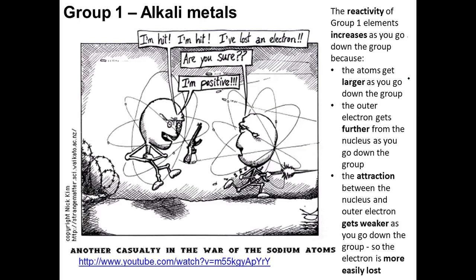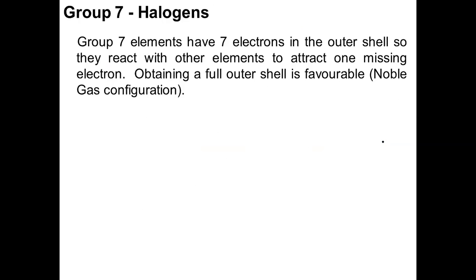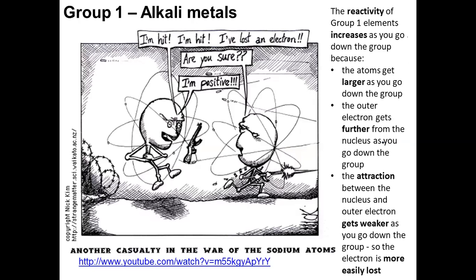The attraction between the nucleus and outer electron gets weaker as a consequence of that increase in size. So the electron is more easily lost, right? You could explain that in the same way with ionization energy in A level, but in GCSEs you didn't use that term.